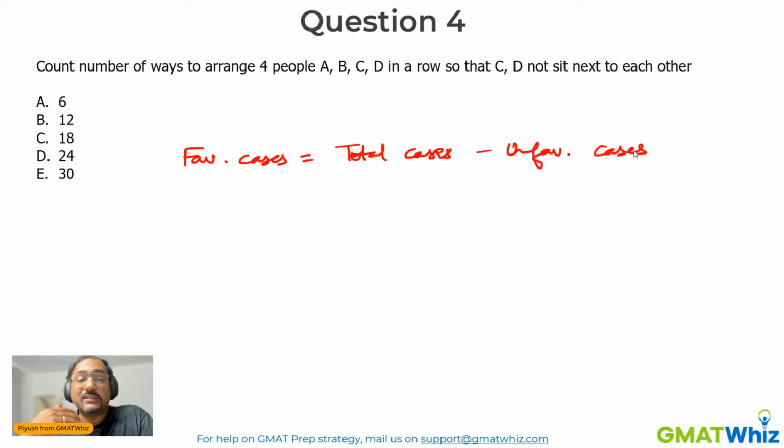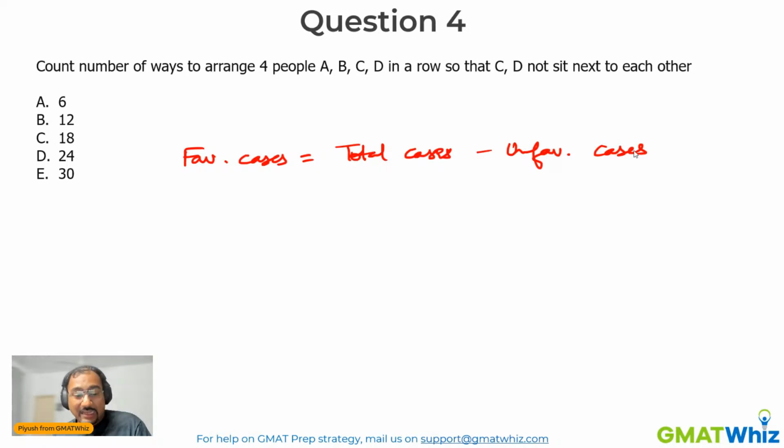If the favorable cases are going to be much more than the unfavorable cases, it is better to do the unfavorable cases, because that will take you less time to compute and subtract it from the total cases. If you think favorable cases are going to be less, you can calculate it directly. So in this case, for example, if you see, it says that in how many ways can these 4 people be arranged such that C and D don't sit next to each other.